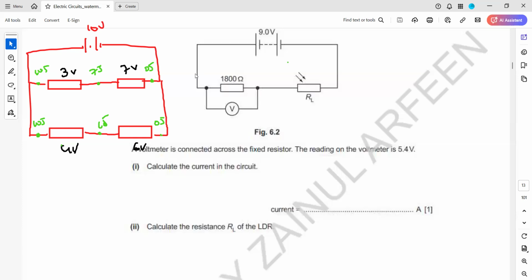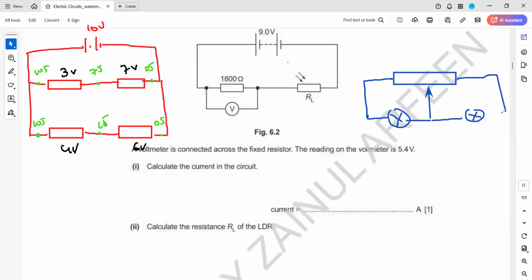But in a potentiometer, like a potential divider circuit, when we use a variable resistor as a potentiometer, in that case, what happens? Like you have a variable resistor and you connected two resistors, or you connected two lamps.